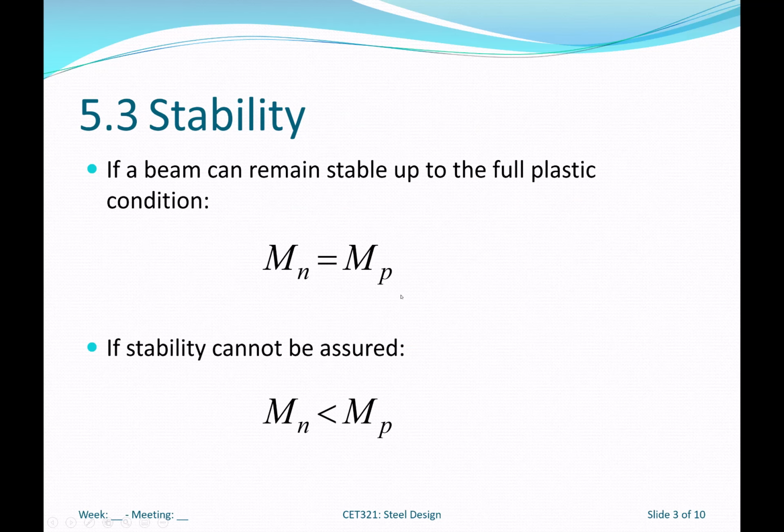All right, so if a beam can remain stable, and again, stable means local stability, locally, right? So the flanges remain stable in the web, and globally.